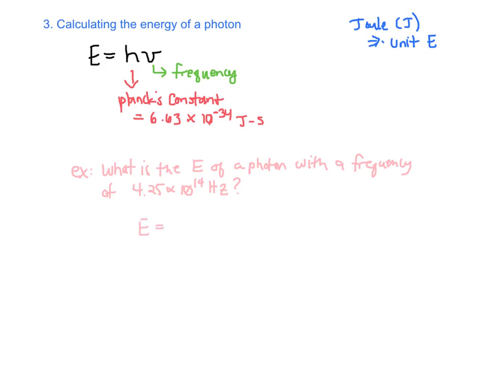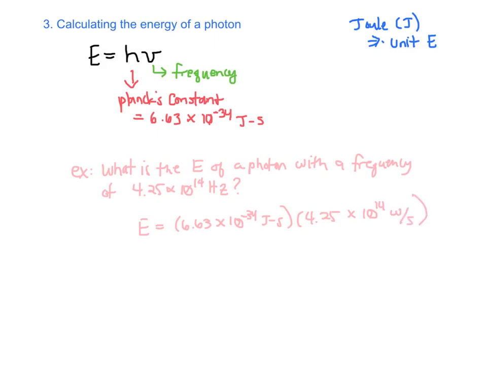The energy of your photon is going to be Planck's constant, which is 6.63 times 10 to the negative 34 joule seconds, and you're going to multiply that by your frequency of 4.25 times 10 to the 14th hertz, which is, by the way, waves per second.